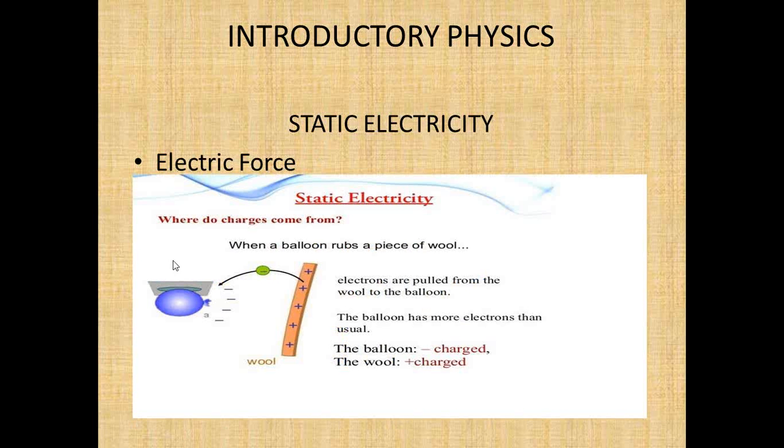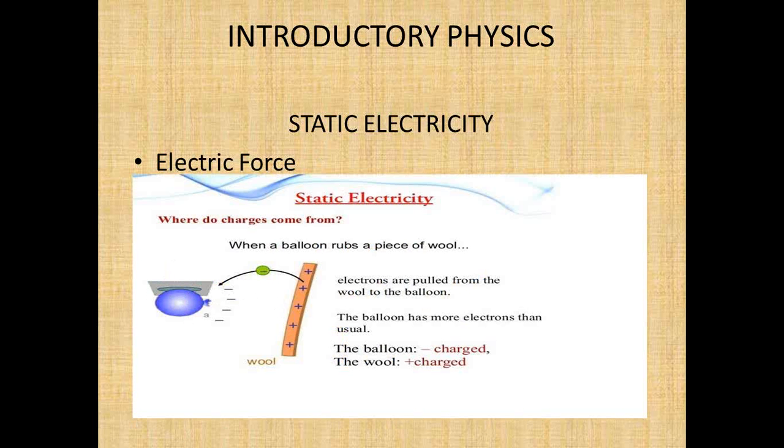Again, when we charge a balloon up, the balloon usually is negatively charged. So when we use our fur or wool, we transfer electrons to the balloon surface, and the balloon becomes negatively charged. And then the wool, because the wool loses electrons to the balloon, the wool is now positively charged.